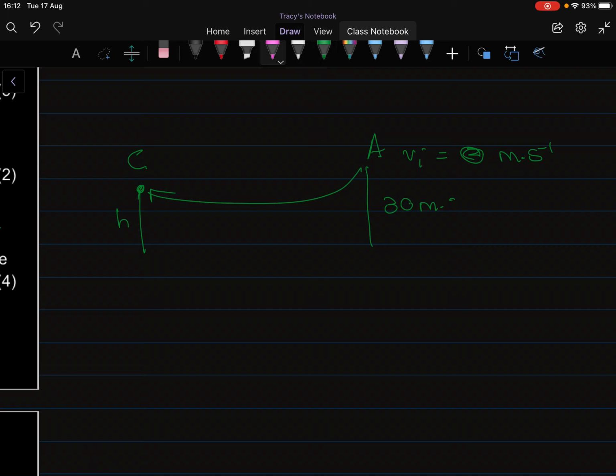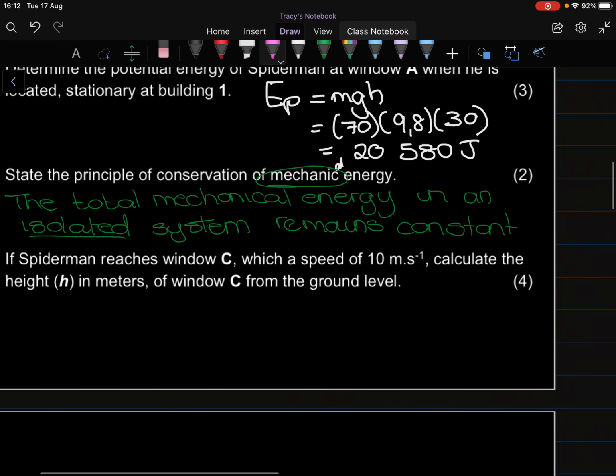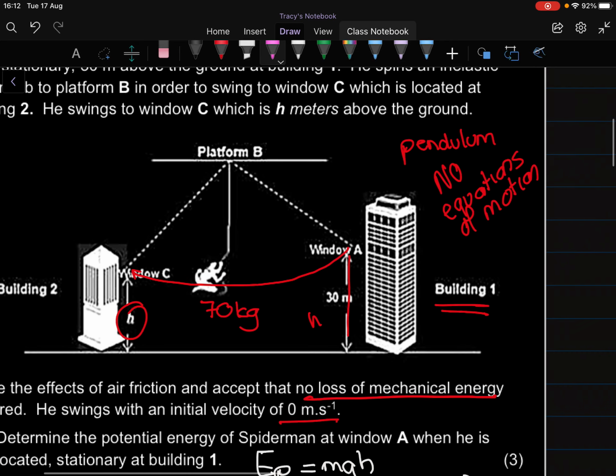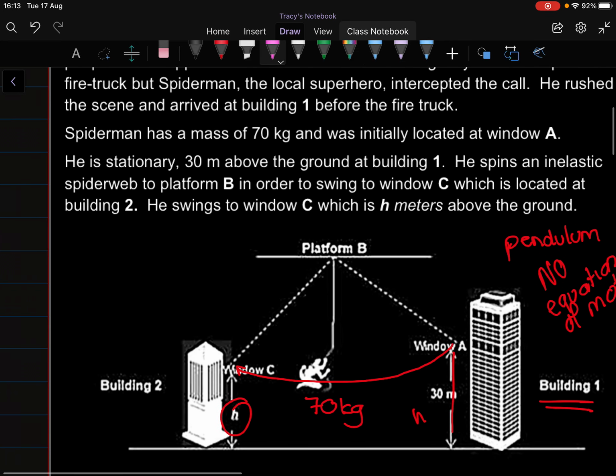I told you we cannot use equations of motion. They have just asked you for the definition of conservation of mechanical energy. I want mechanical energy to be used. So the mechanical energy at A is equal to the mechanical energy at C. They also told you that he reaches C. They told us somewhere?